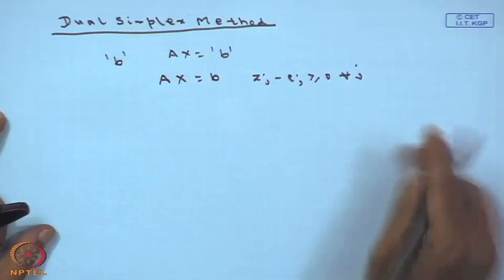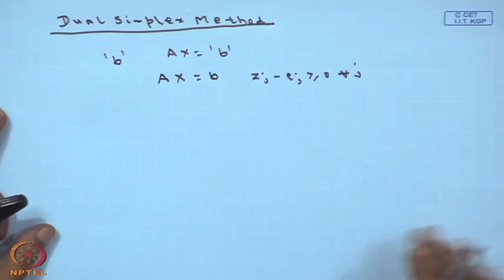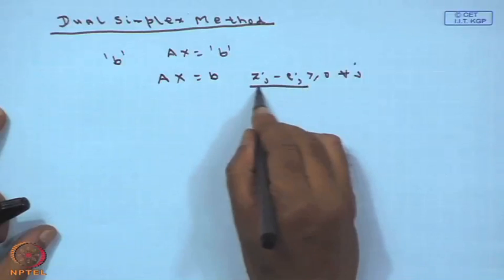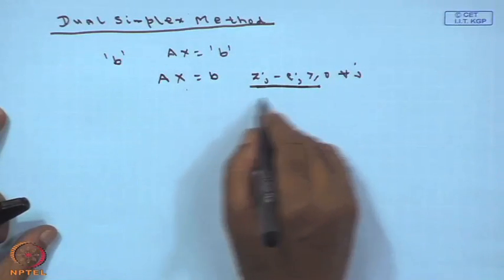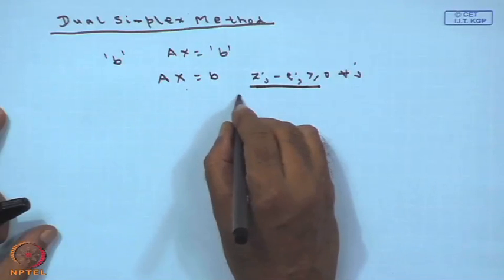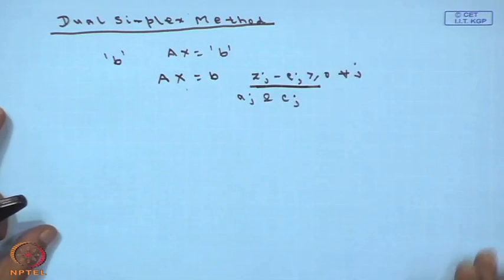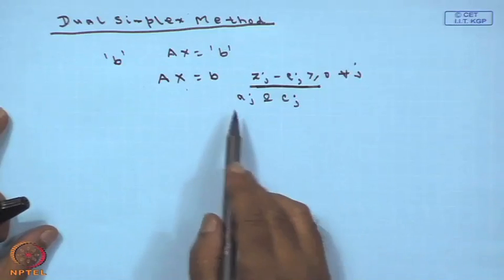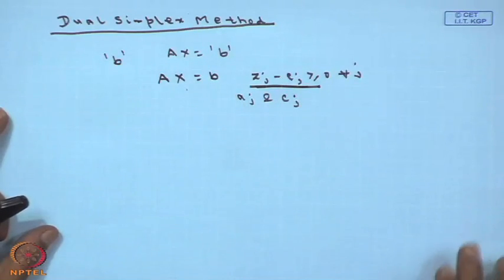Another thing to note is that z_j minus c_j greater than or equal to 0 depends on two things, a_j and c_j; it does not depend on the vector b. This also we have to note.